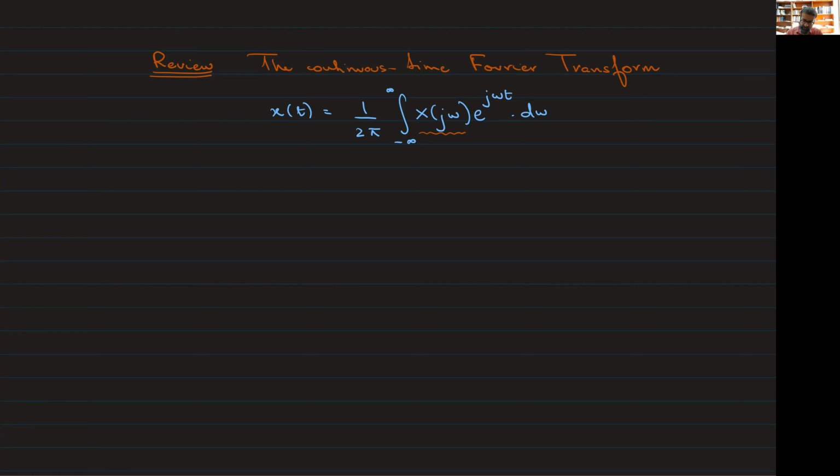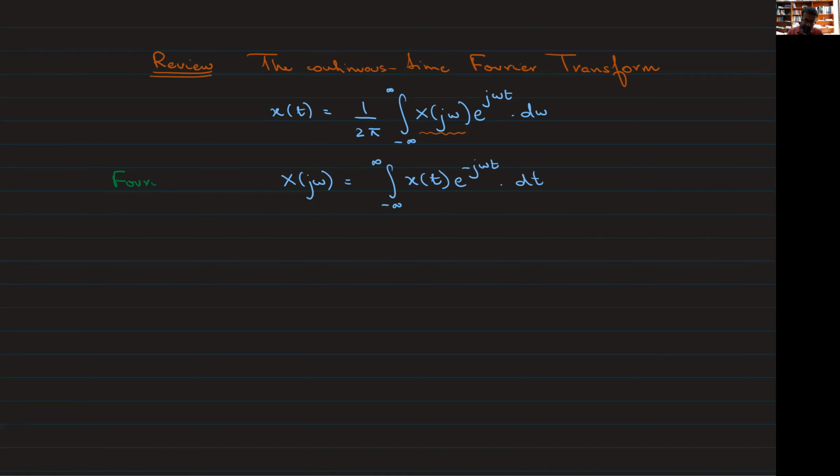And x of j omega, which is called the Fourier transform, is defined as the integral from minus infinity to plus infinity, x of t times e raised to power minus j omega t times dt, right?